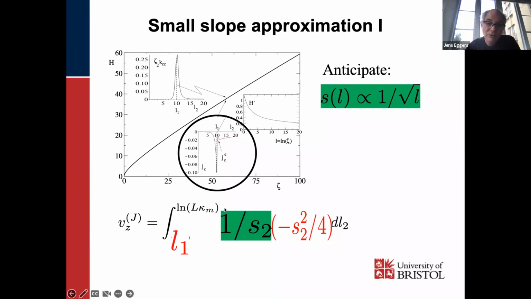So this total integral goes like S2, S2 goes like 1 over square root, and 1 over square root is not integrable. So this integral is actually dominated by the upper limit, which is controlled by the curvature at the tip. This is an integral I can easily do. The integral over 1 over square root is a square root.